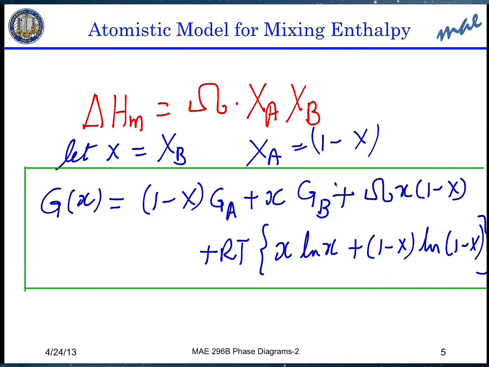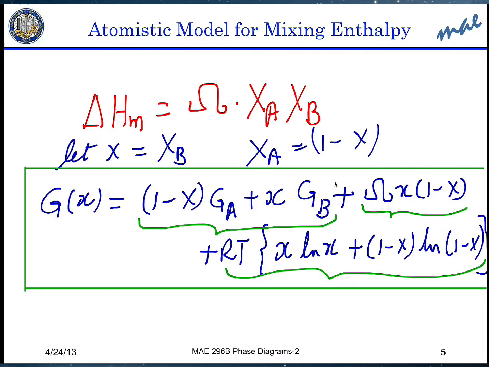So in this model, these two terms represent the straight mixing of the Gibbs energy of the two components. And then this amount represents delta H mixing, and this amount represents T delta S mixing.